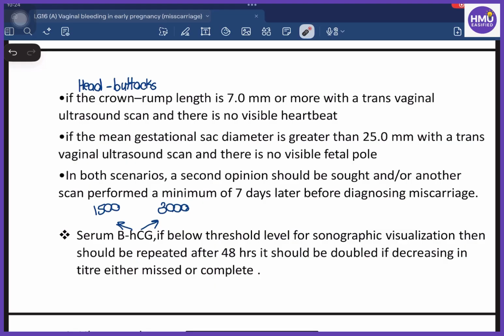First, the crown rump length. What's the crown rump length? It's the longitudinal axis measured from the head of the baby to the buttocks.